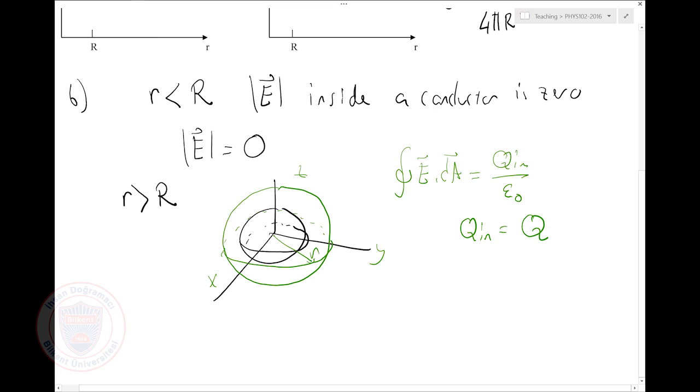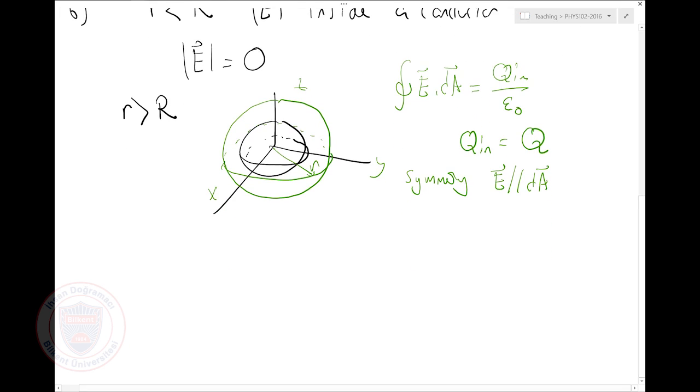How about E dot dA? By spherical symmetry, E is parallel to dA everywhere on the surface. So I can say E dot dA is magnitude of E times the integral of dA. And that's the total surface of the Gaussian sphere, 4 pi small r squared.